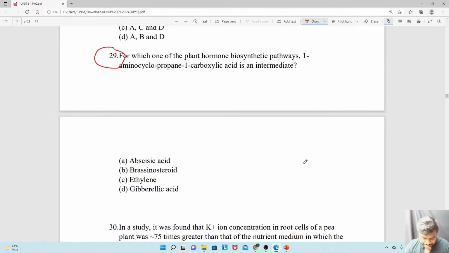So fast. I have highlighted this while discussing. Okay, everyone. Question number 29.